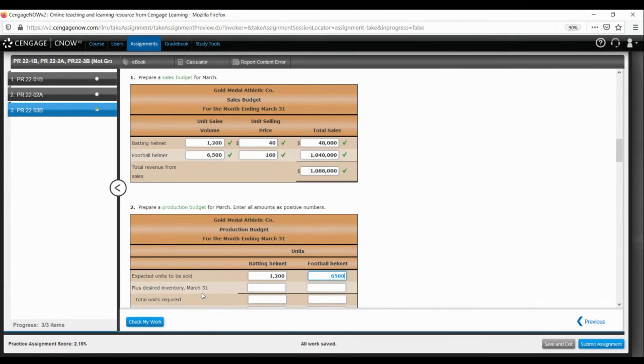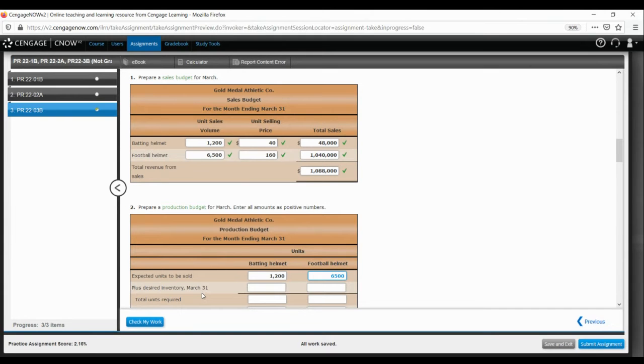And so we want to have some ending inventory left over just in case our actual sales figures are larger than our budgeted sales figures. So we want to make sure that we have enough produced in case we sell more than we anticipate.